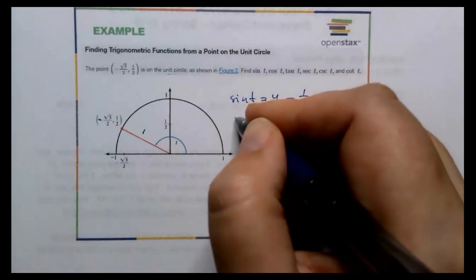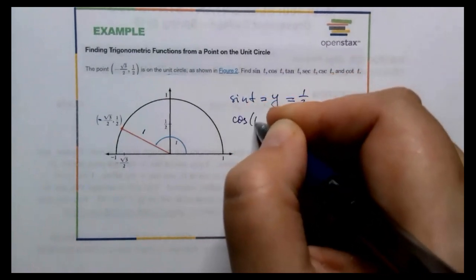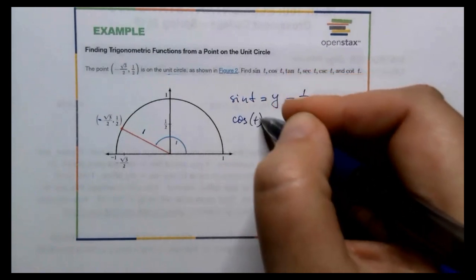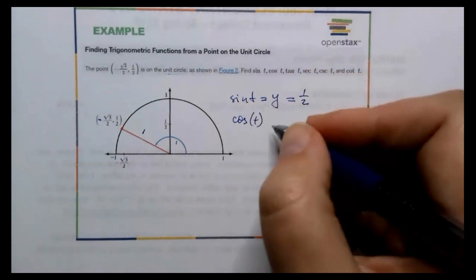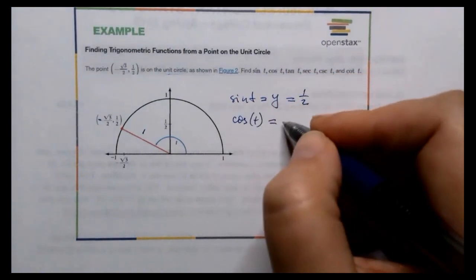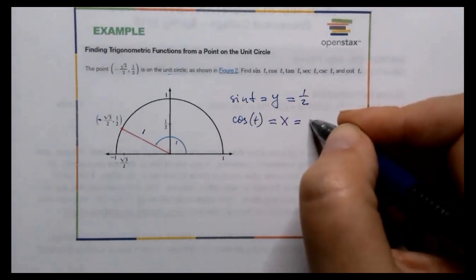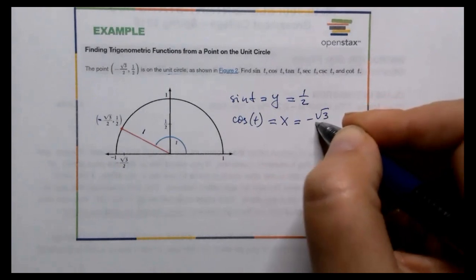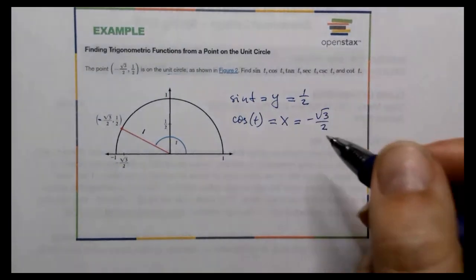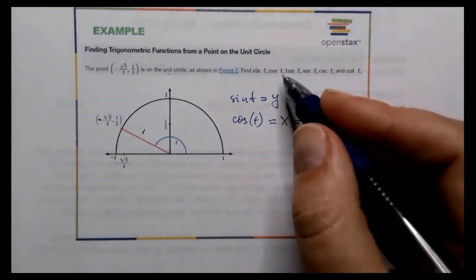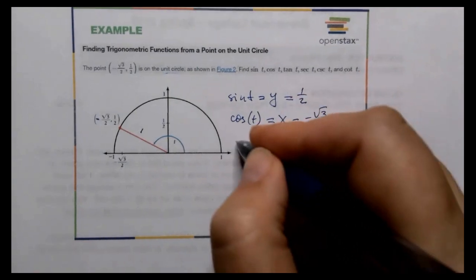So sine t is 1/2. The cosine of t, and you could put t in parentheses or not, both notations are acceptable, is just the x coordinate, which is negative square root of 3 over 2. Next, we're asked to find the tangent.